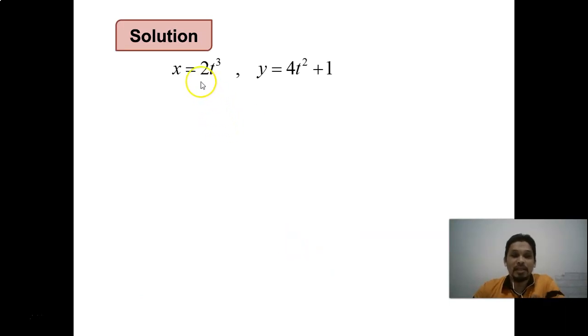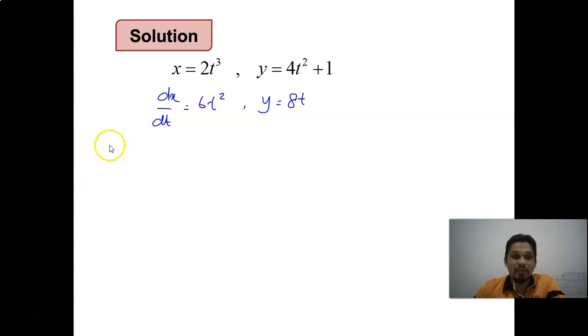Given that x equals 2t cubed and y equals 4t squared plus 1, then dx/dt equals 3 times 2, which is 6t squared, and dy/dt equals 8t, and differentiating 1 gives 0.